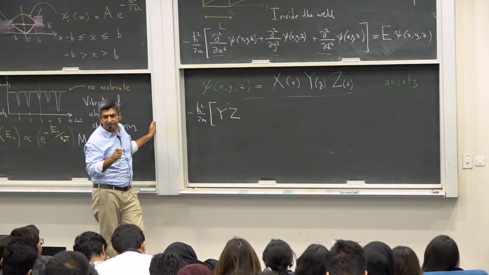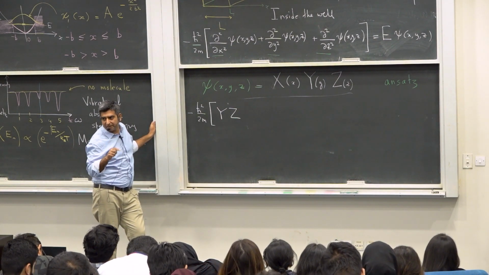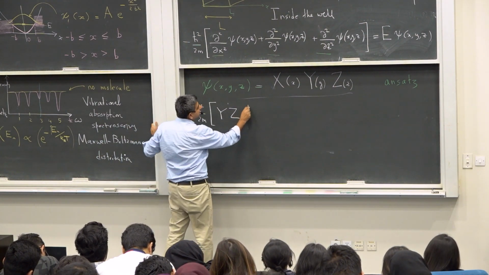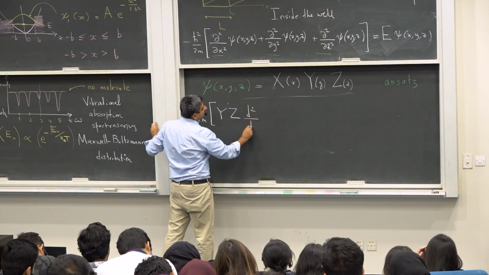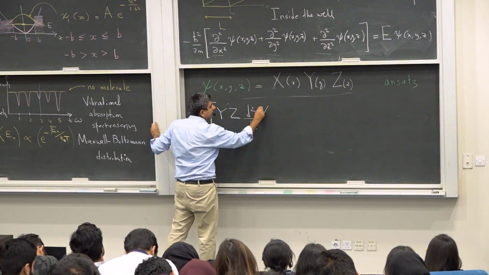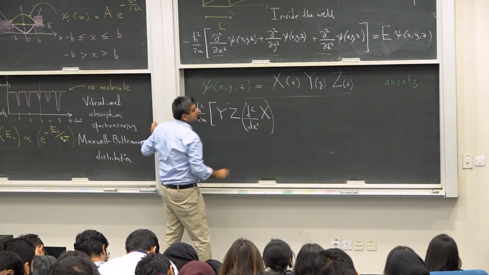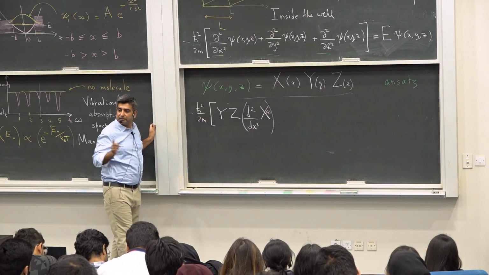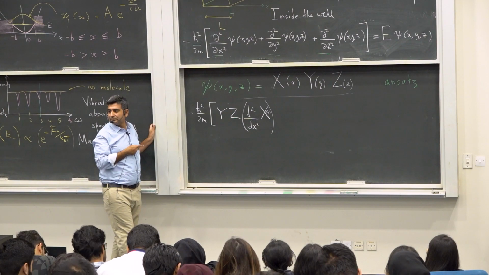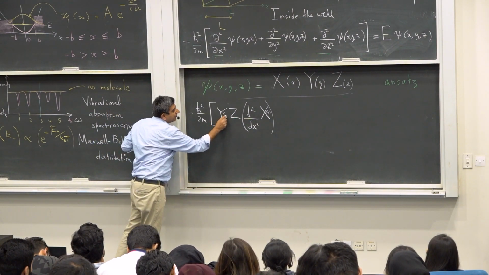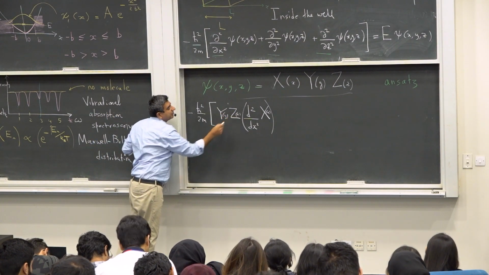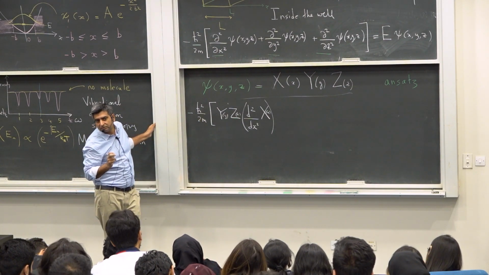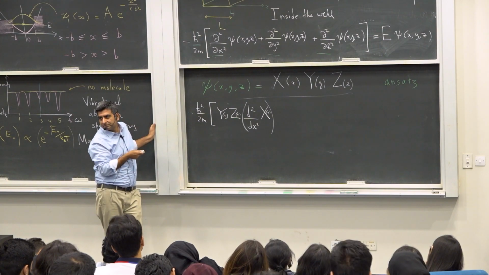Capital Y, capital Z is a constant with respect to the double derivative with respect to x. However, I need to take the double derivative with respect to x of capital X, because this depends upon x. This Y depends upon y, this Z depends upon small z, but I'm not going to write down these parameters over and over again. Do you get the first term?